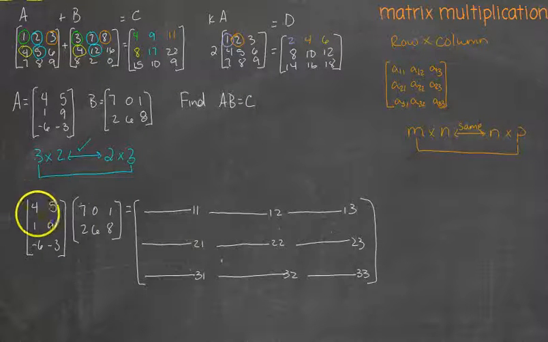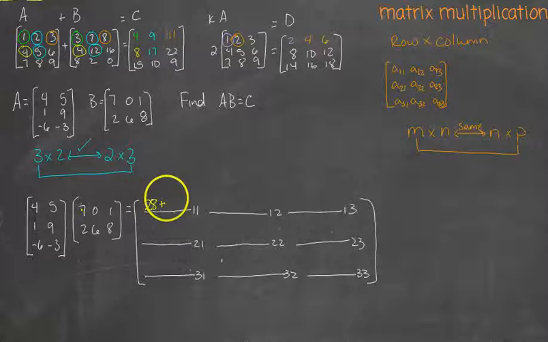For the first row and the first column, I'm going to take the first element and the first element. So I'm going to do 4 times 7, and then 5 times 2. 4 times 7 is 28, plus 5 times 2 is 10. So that's going to be the value of that first element in my product.